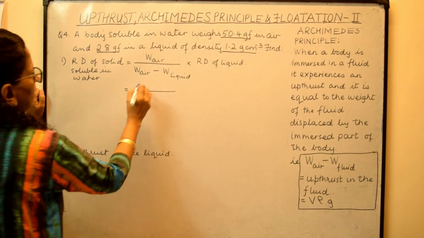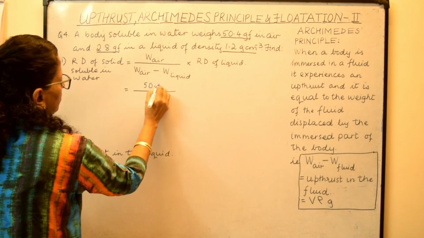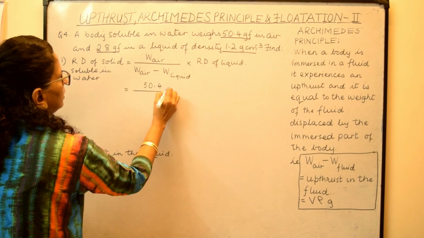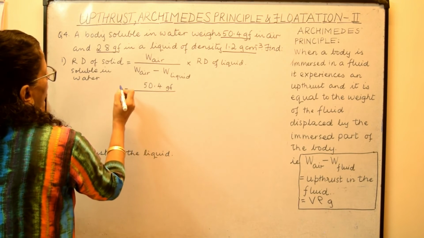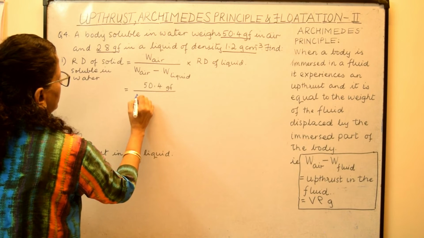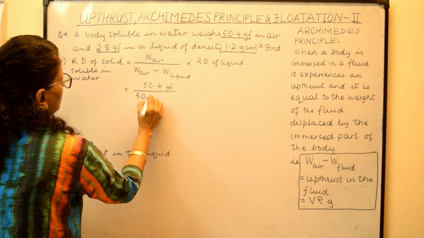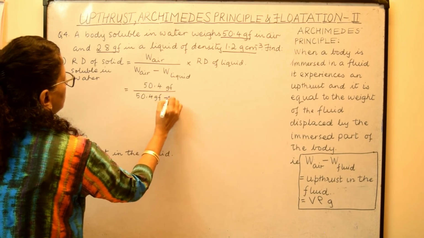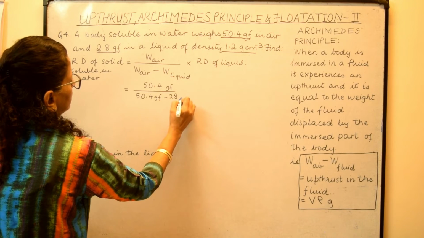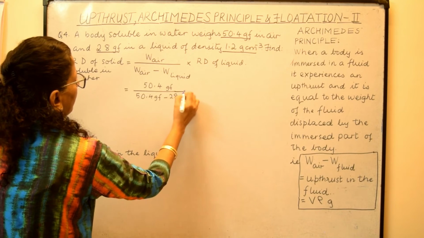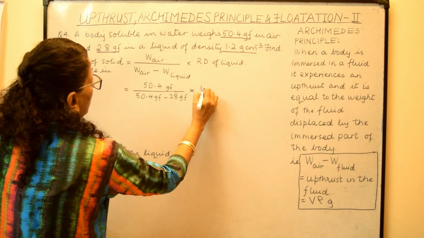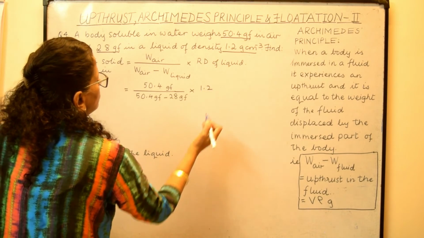So weight in air 50.4 GF upon weight in air minus weight in liquid is 50.4 GF minus 28 GF, and that multiplied by RD is 1.2.